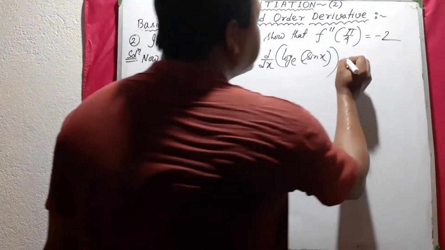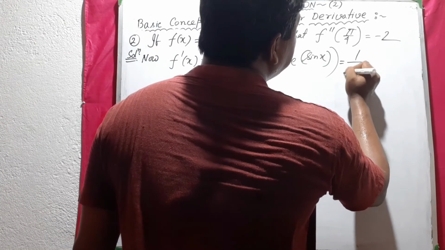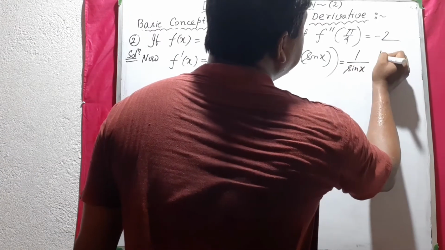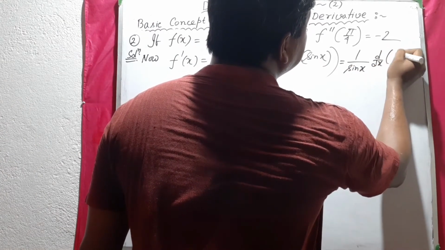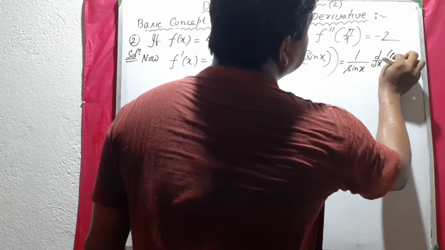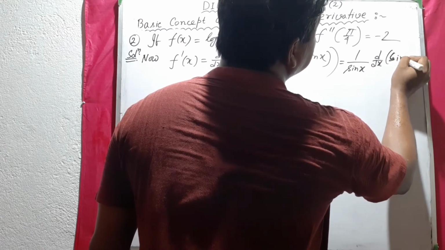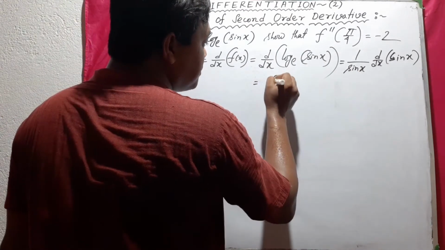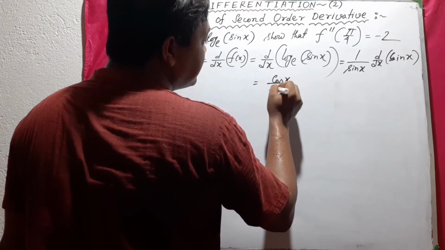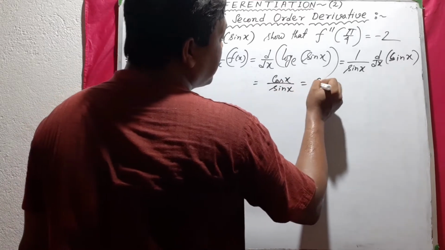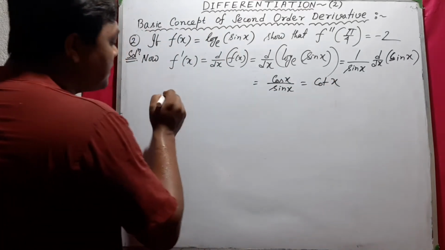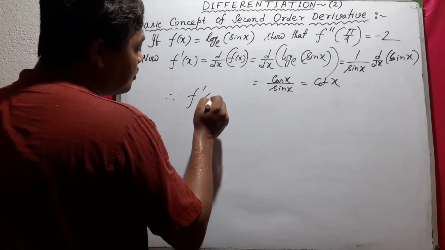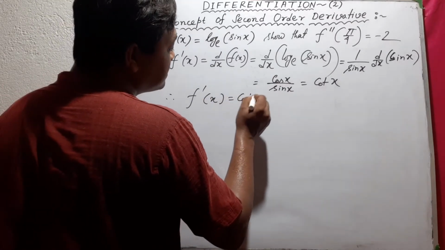So the derivative of log of f(x) is 1 by sin x, and next the derivative of sin x, so we get cosine x by sin x, that is cot x. So what did we get? f dash x equals cot x.